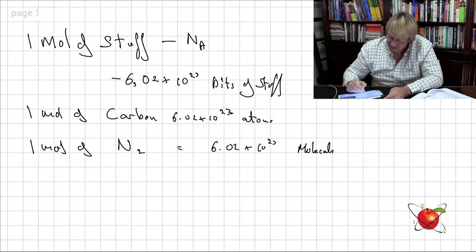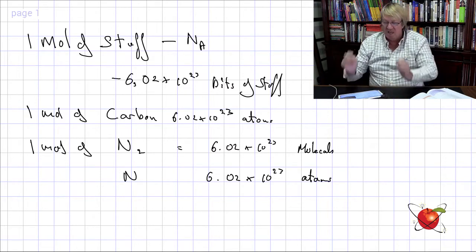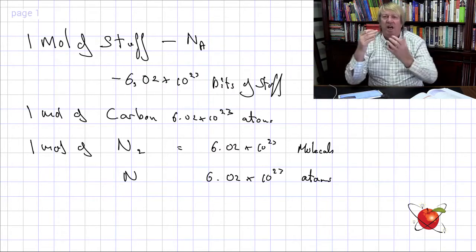Okay? Therefore, 1 mole of nitrogen atoms has got 6.02 times 10 to the 23 atoms. Okay? Now, how do we convert?